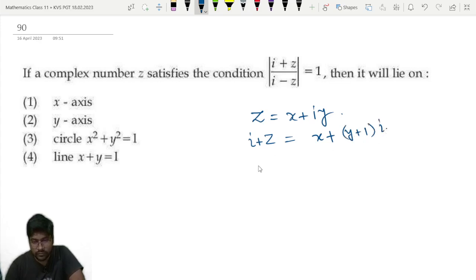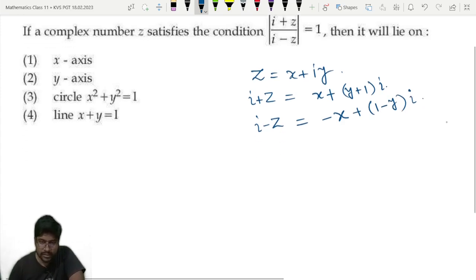So this will be i + z. So what about i − z then? i − z will be equal to −x + (1 − y)i, that is i − z. Yes or no? That is i − z.